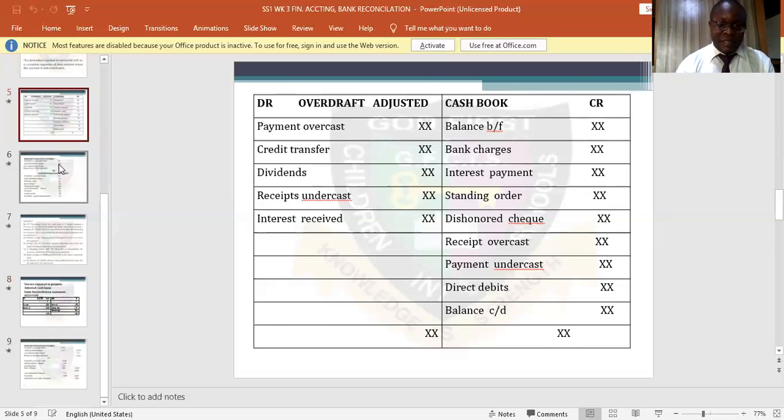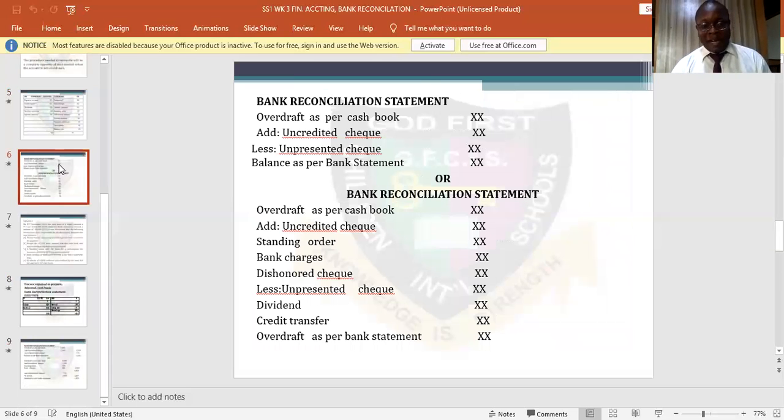Then let us look at the bank reconciliation statement. The balance we have as our balance as per cash book, we are going to represent it as overdraft as per cash book. Then you have uncredited check. You must know that in our previous lesson, this uncredited check will be less.